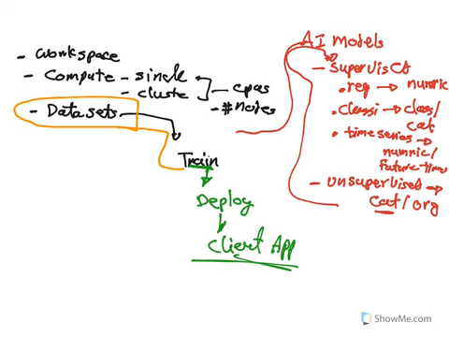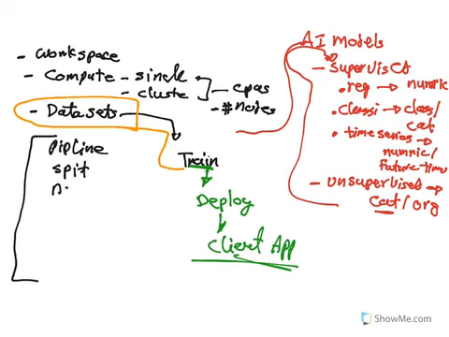So what we can do with the data is apply something called a pipeline. In this pipeline, we can process and prepare our data. We can do things like splitting our data and normalizing.